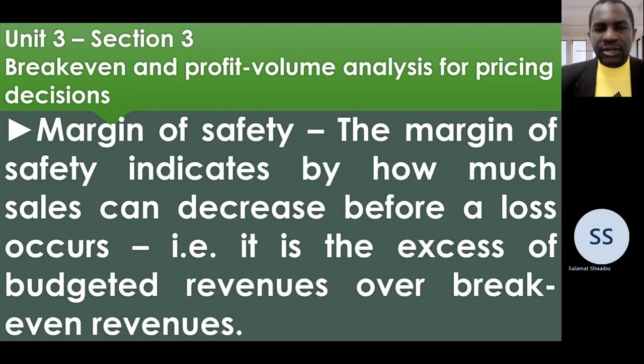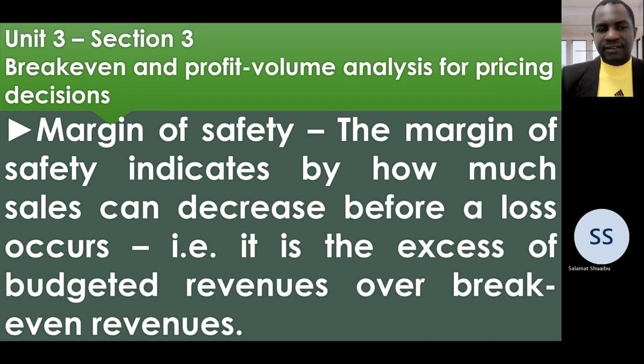Okay, you say you don't get the margin of safety, right? So where you have a break-even point, the break-even is the point where you are neither making profit nor making loss. So your cost is equal to your income. Now, the margin of safety is what you will do extra to stay at that break-even and not drop to a loss.